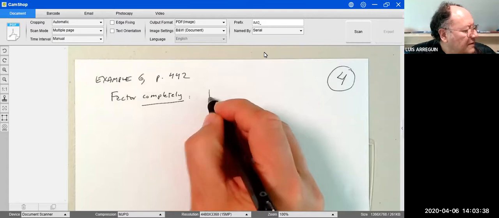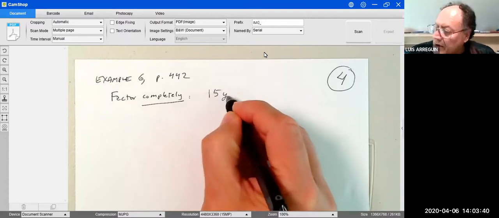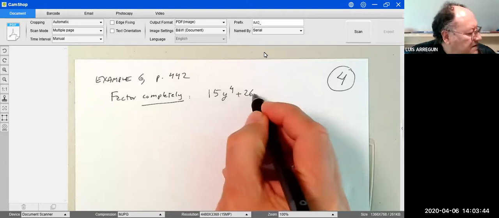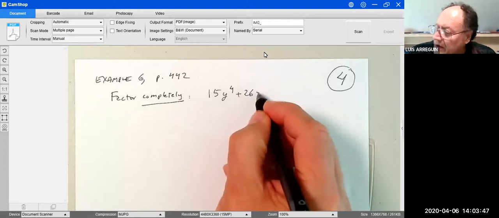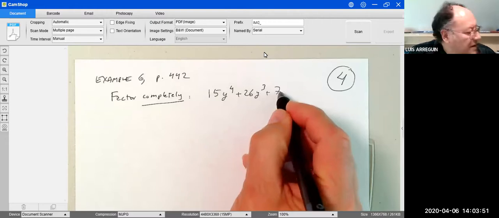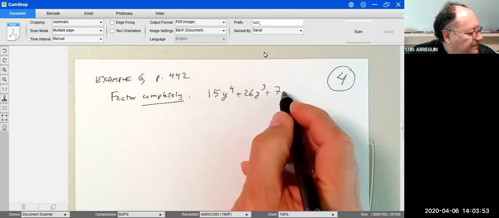So we have 15y to the 4 plus 26y cubed plus 7y squared.